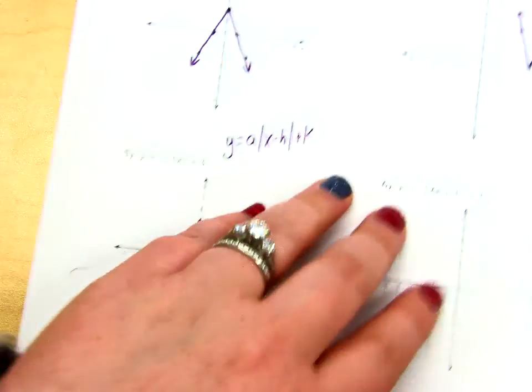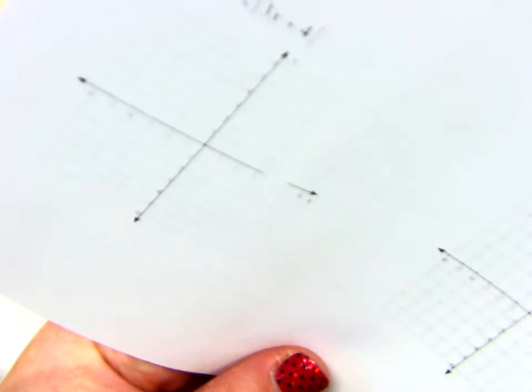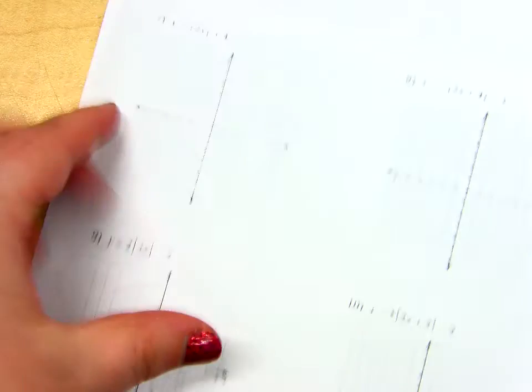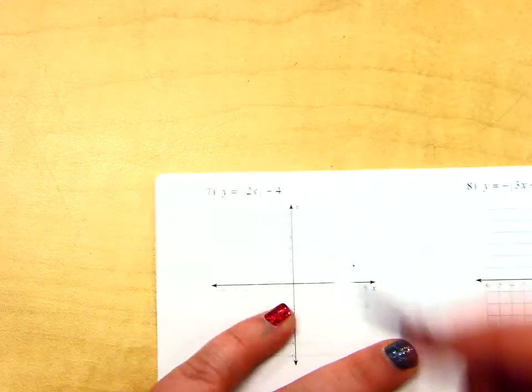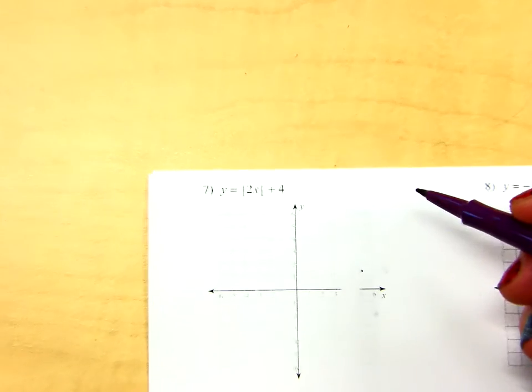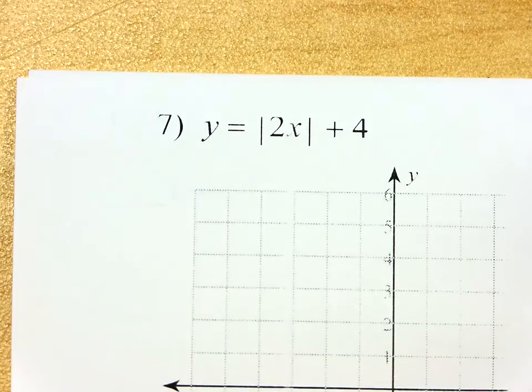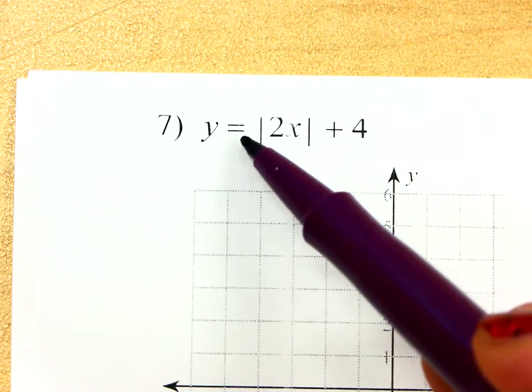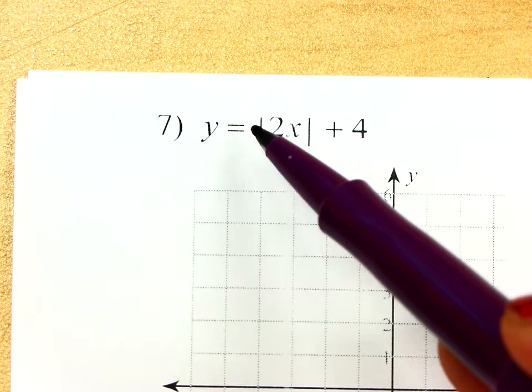This does get a teensy bit harder, but let's try another one that doesn't get too hard yet. Let's skip to 7. So your shortcut is to just take the absolute value of that number and put it on the outside.